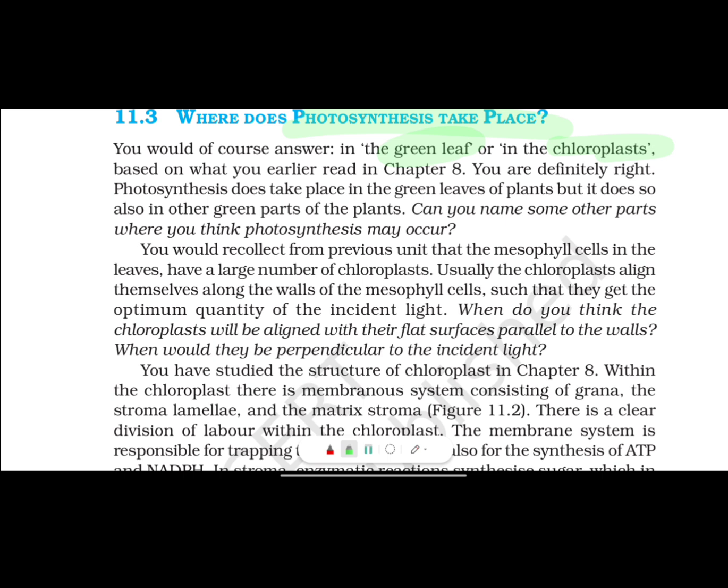Based on what you have studied in chapter 8, you are definitely right. Photosynthesis does take place in the green leaves or green parts, but it also occurs in other parts of the plants. Can you name some other parts where photosynthesis may occur?